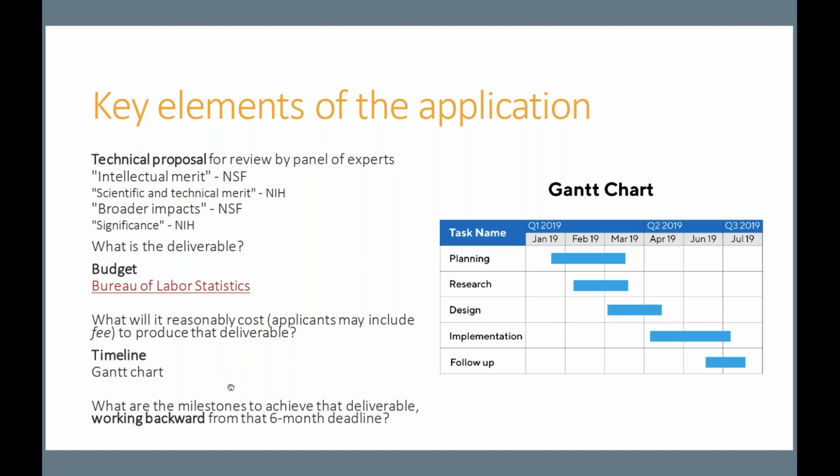So with the timeline, what are the milestones to achieve that deliverable? And much like the application, working backward from the evaluation criteria, again, working backward from the 6 month deadline, and in the case of phase 2, working backward from that 2 years, what needs to be done during each period of time to make sure that you stay on track.